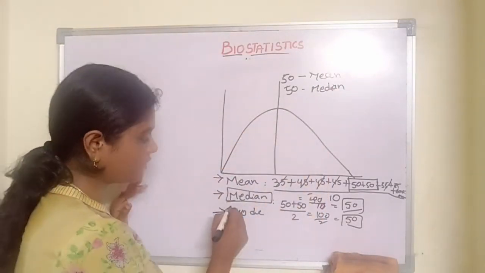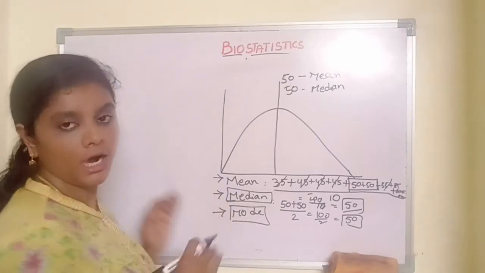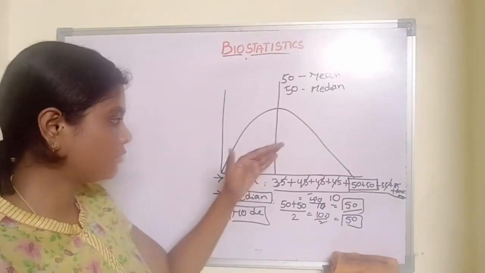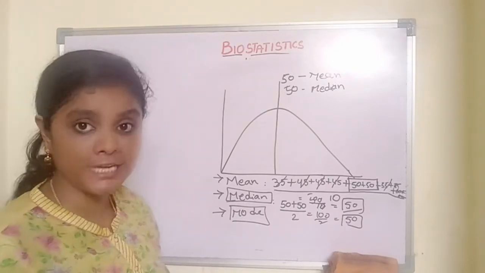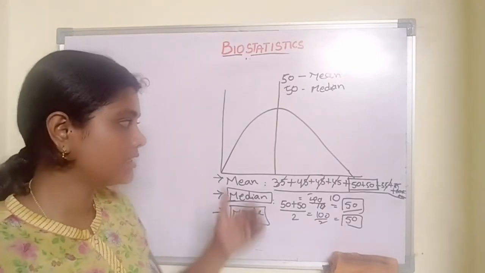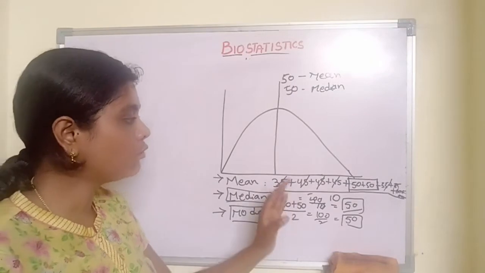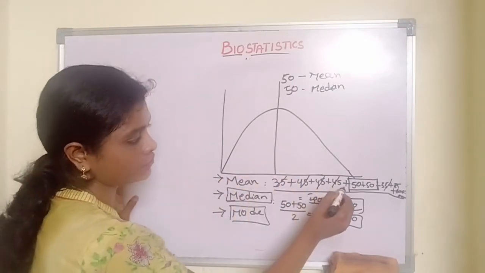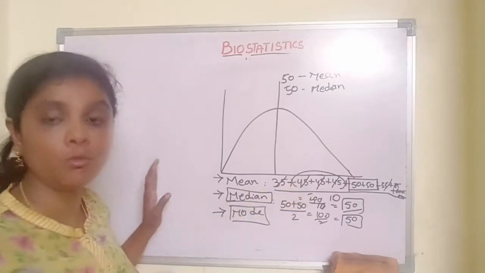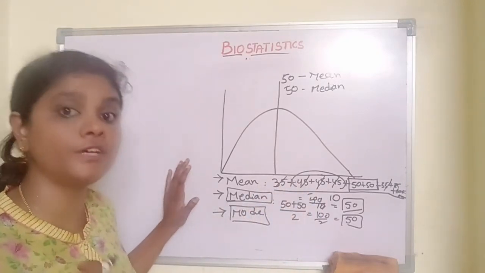Now coming to the third parameter, that is mode. How do we derive mode out of this example? Mode is nothing but the highest frequency of occurrence in the given data. So what is the highest frequency? Which marks are achieved by the most students?